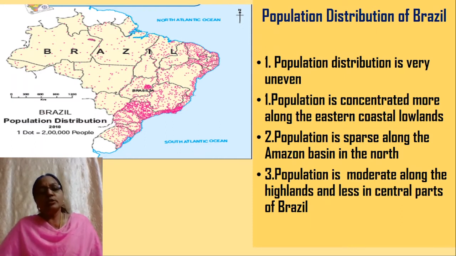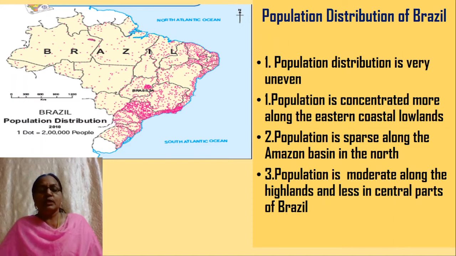Now, what about the density of population in the Amazon region? In the Amazon region, we find the density of population is very low because, as you already know, the Amazon basin is situated along the equatorial region, which receives plenty of rainfall, and hence we have dense forests here.